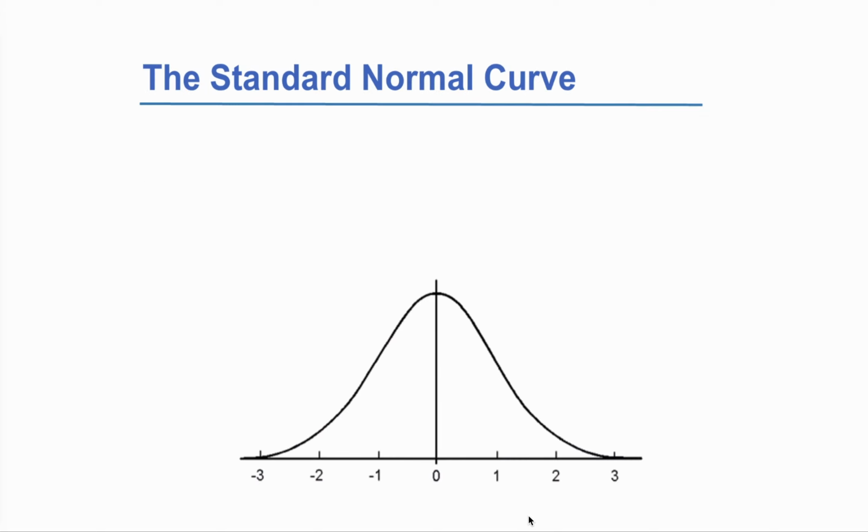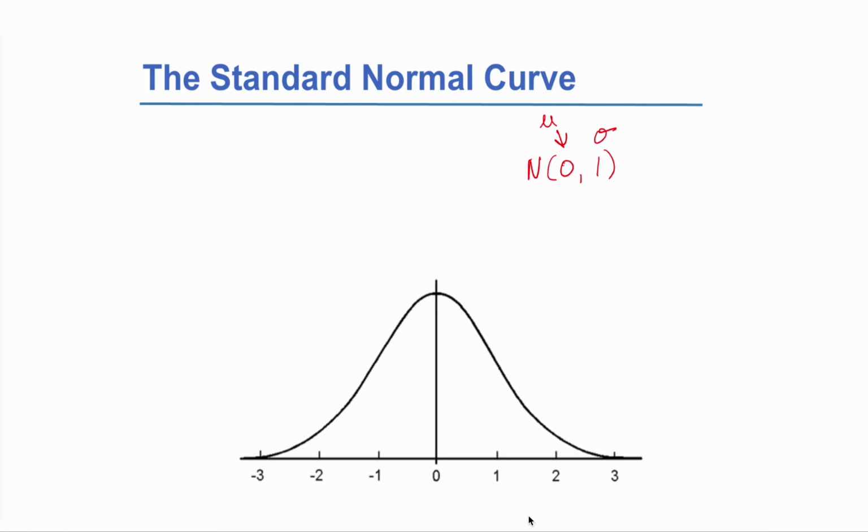So the standard normal curve is a normal distribution with a mean of 0 and a standard deviation of 1. And we use the normal curve because before we had calculators, you had to use something called a distribution table.